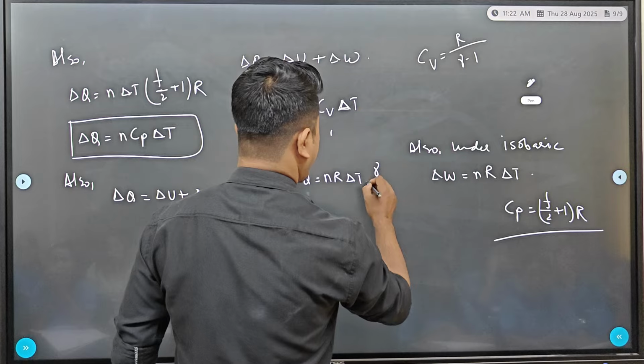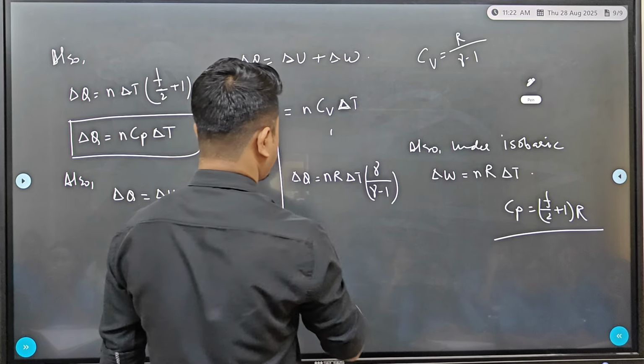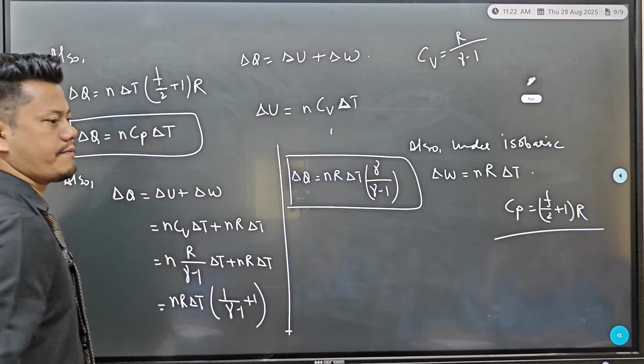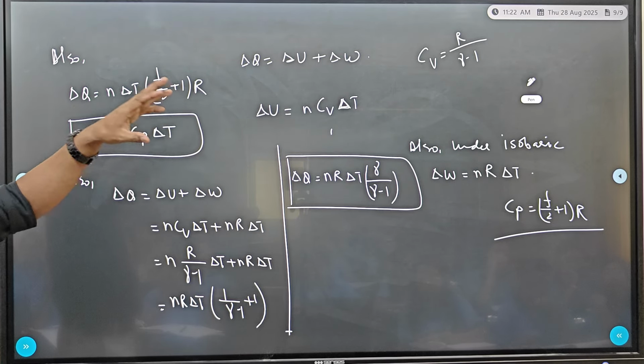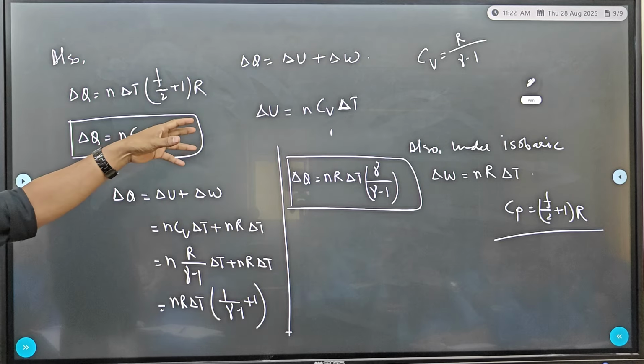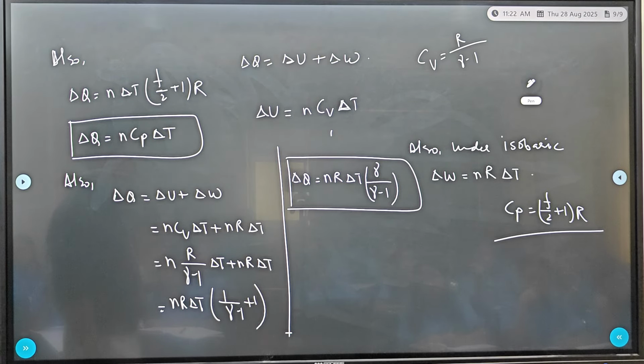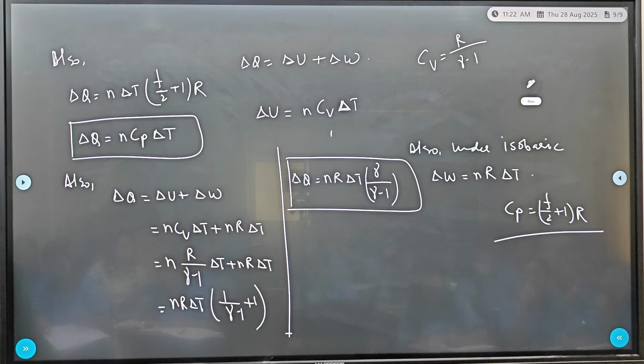So ultimately what will I be getting? Gamma by gamma minus 1. This is also one of the expressions. Understood or not? So from the first law of thermodynamics, we can manipulate the expression of FLTD into multiple forms under constant pressure. So the interpretation based on constant pressure is also over. It means the isobaric process is over.